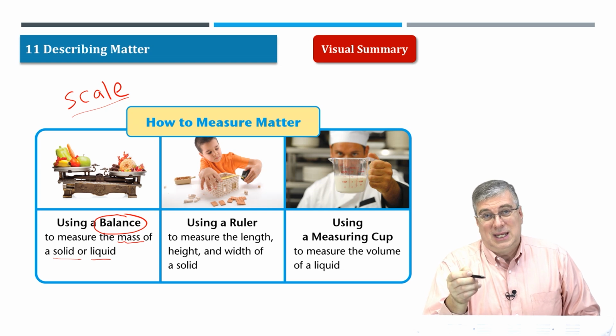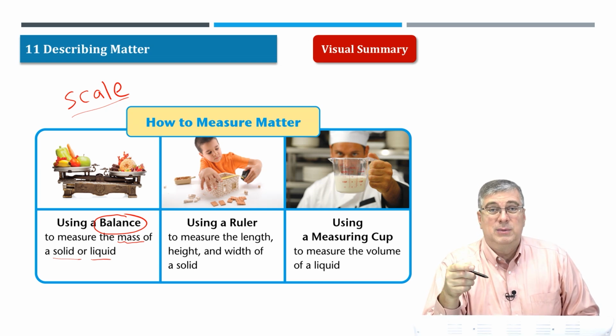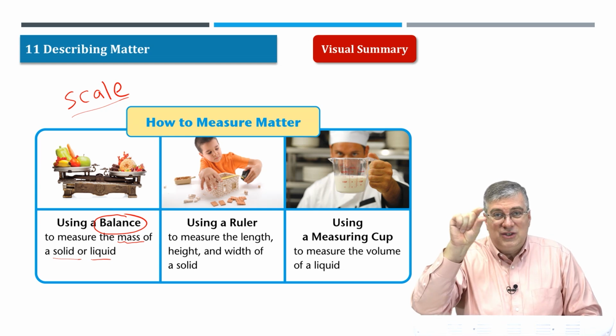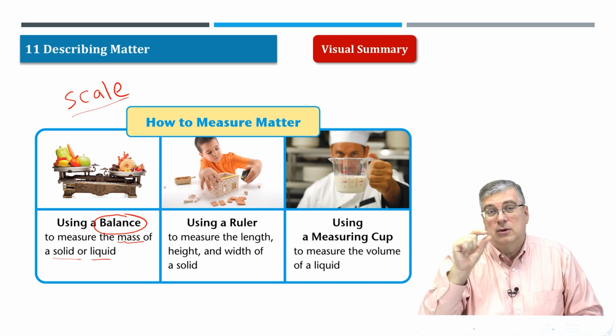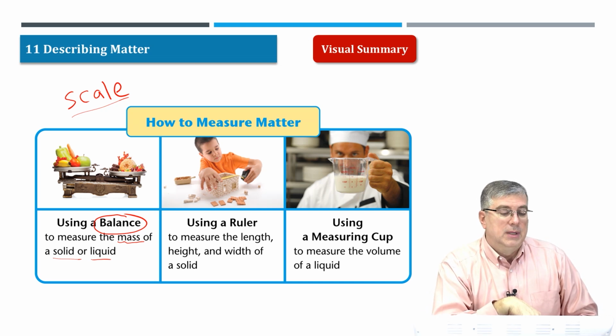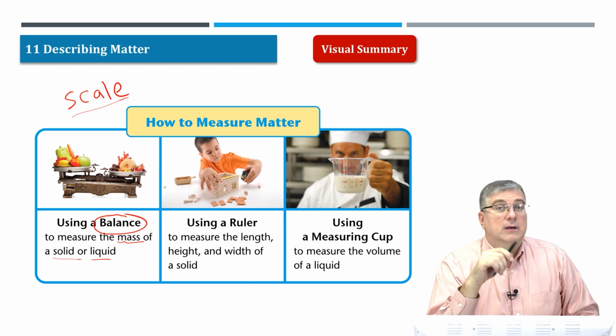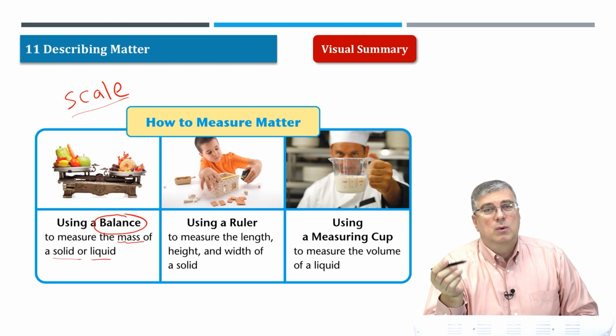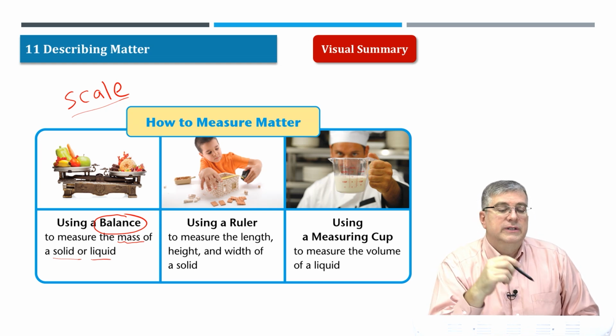You probably have one in your bathroom. Your family member will stand on the scale and it'll give you a little digital readout of how many kilograms you weigh when you stand on the scale. But remember, weight and mass are different. So if you want to measure the mass of something, use a balance. If you just want to know how much something weighs, use a scale.